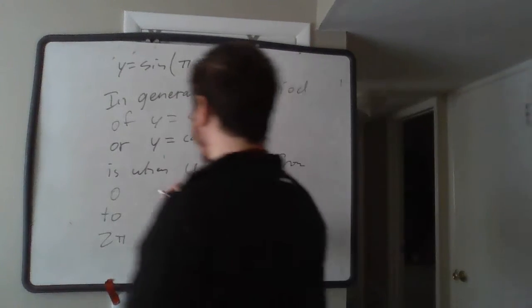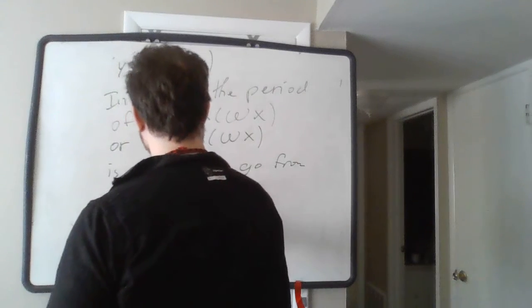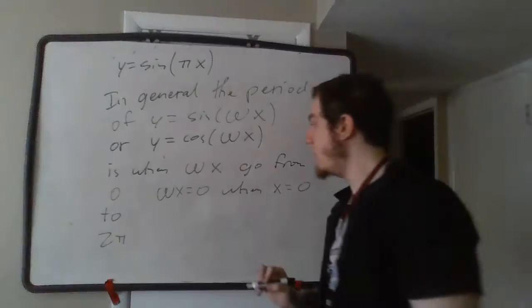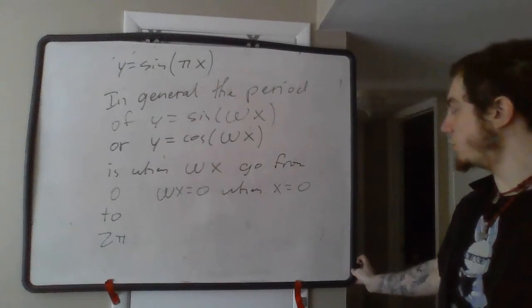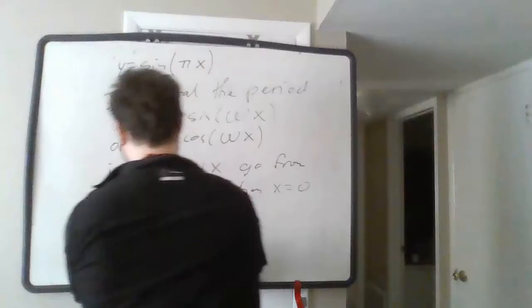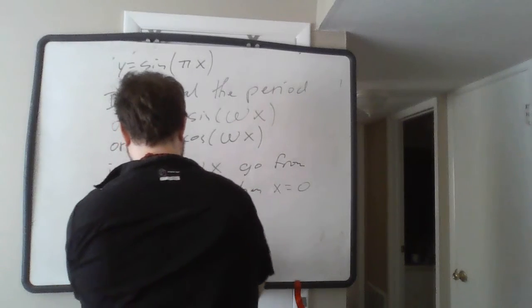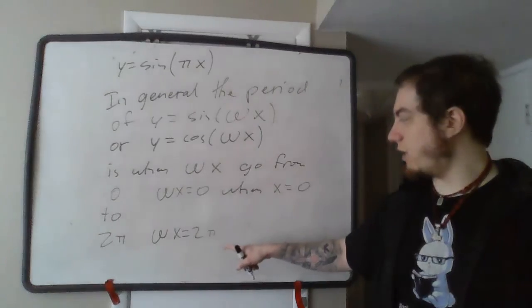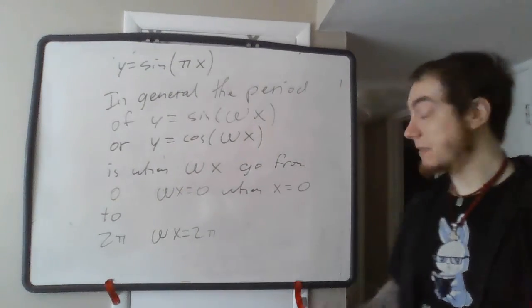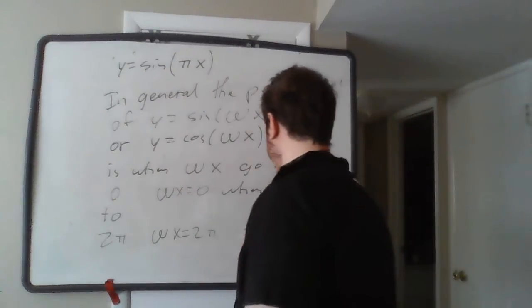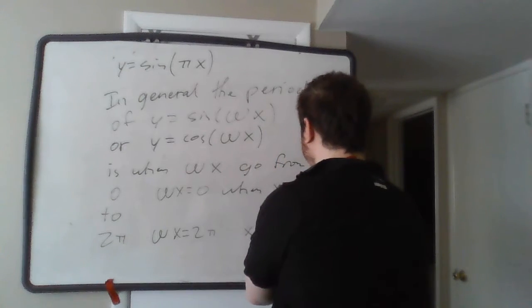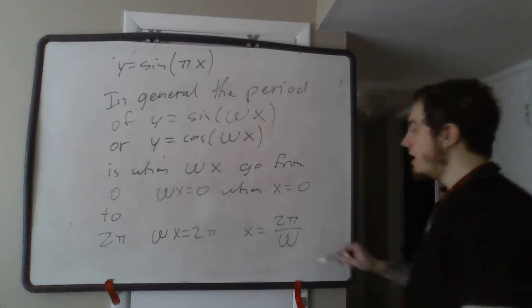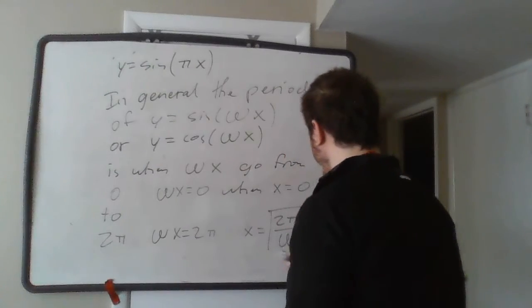Well, omega x equals 0 when x is equal to 0, and it's going to equal 2 pi when is that going to be true? Can you solve that equation for x? Well, the answer is that it is when x is equal to 2 pi divided by omega. So this is the new period.